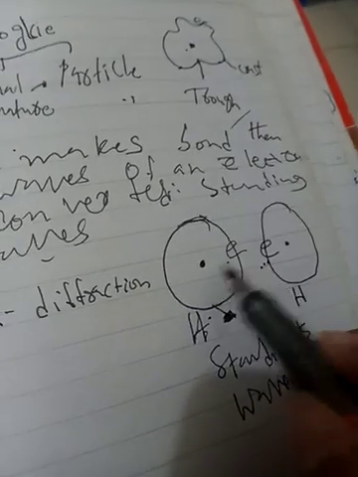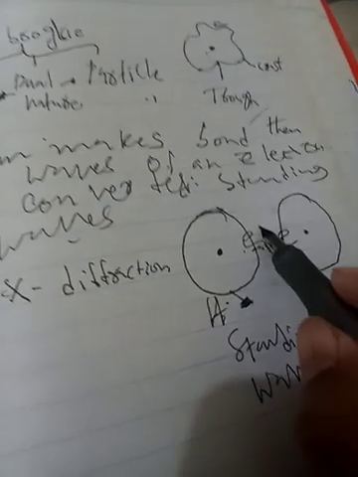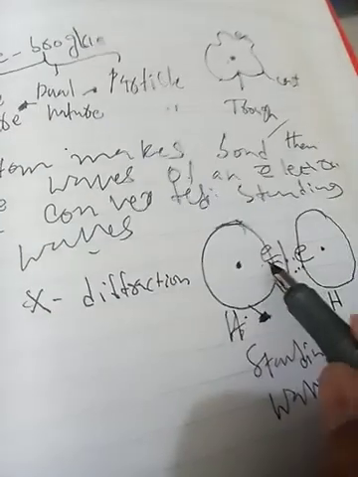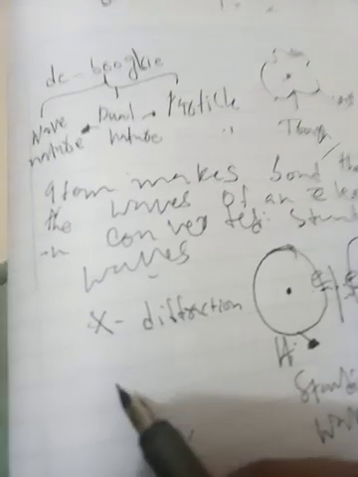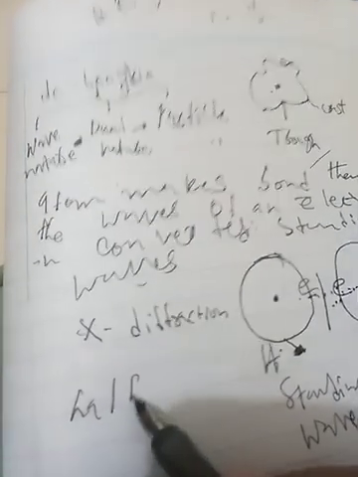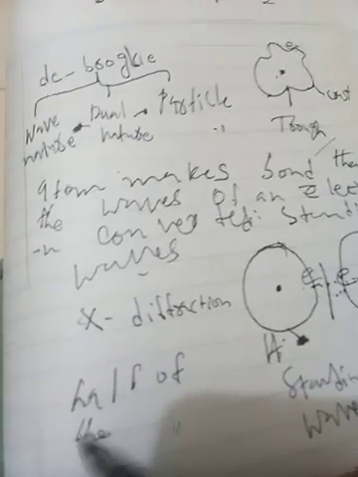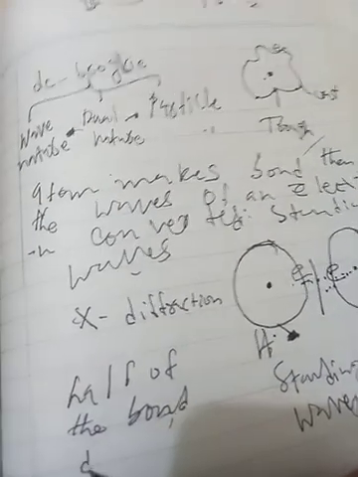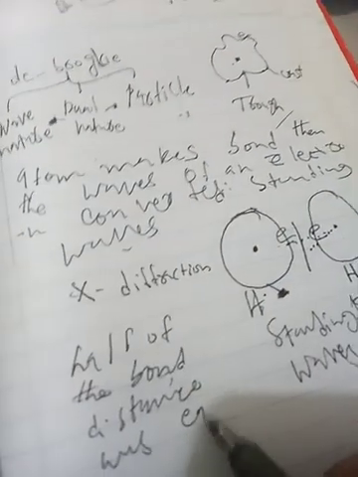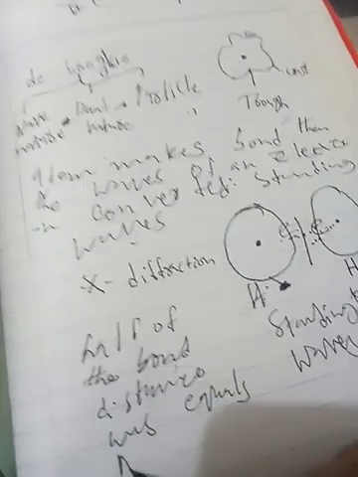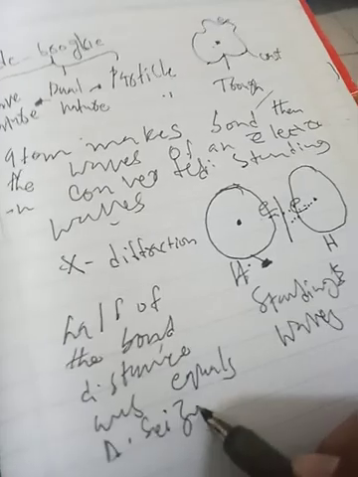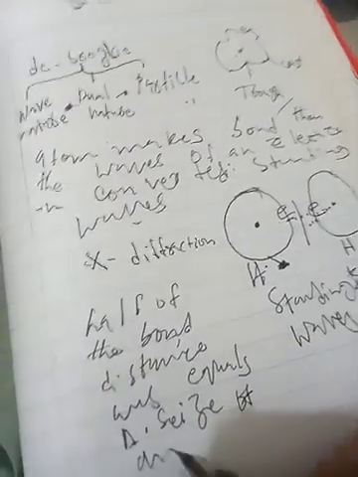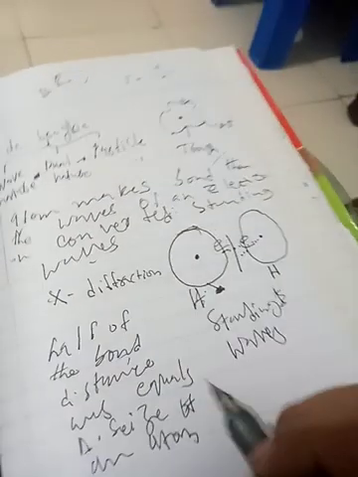When they make a bond, half of the bond distance is equal to the atomic size of an atom. Okay, so this is only for homo molecules.